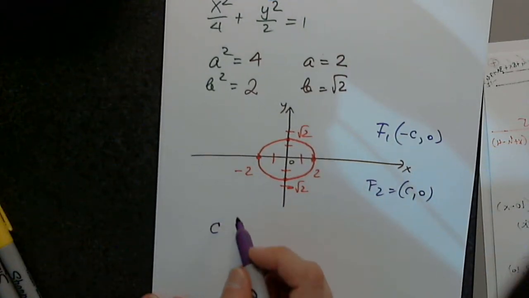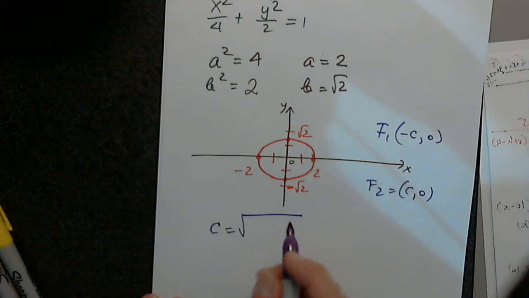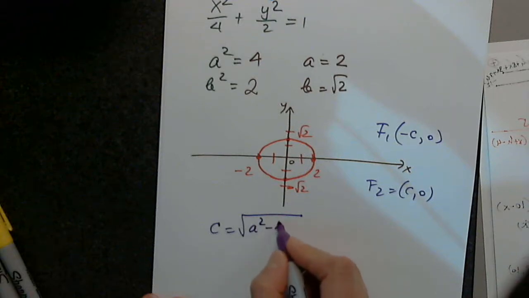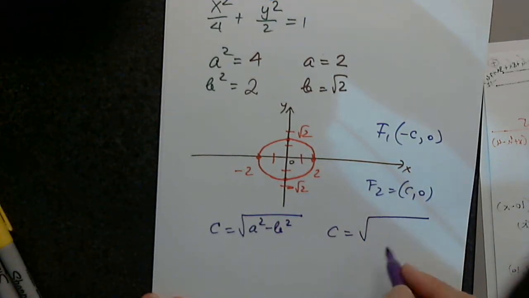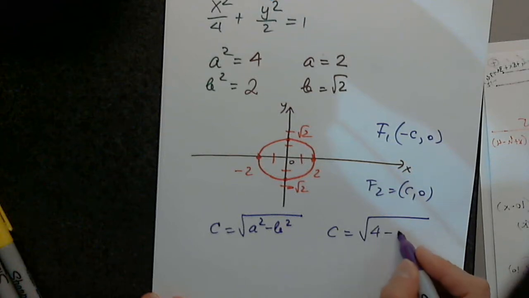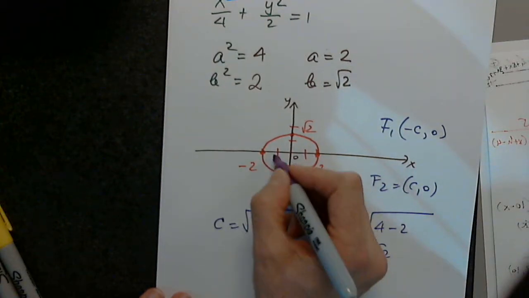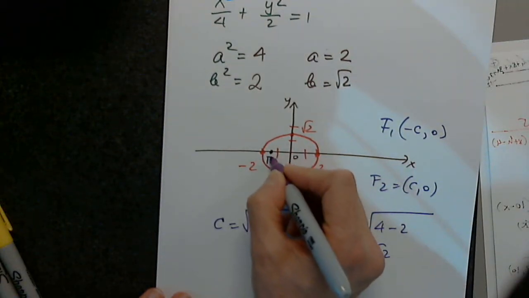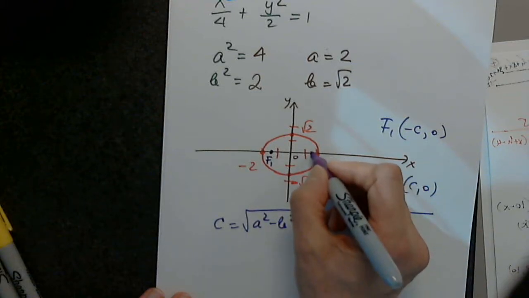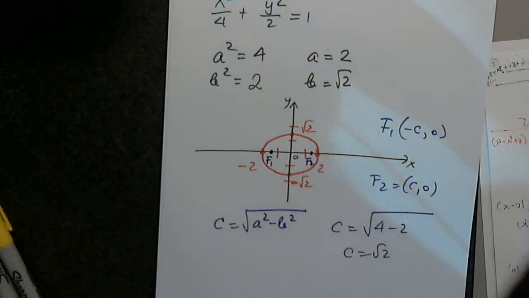And we know that c is the square root of a squared minus b squared. So c equals the square root of 4 minus 2. So c equals the square root of 2. So 1.41, somewhere here is f1, and somewhere here is f2.